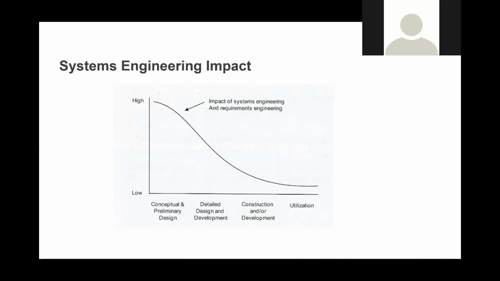I don't have the other graph that I wanted to include, I couldn't find it. It showed that if the money is not spent at an early stage on requirements, you are going to spend that money during detailed design.